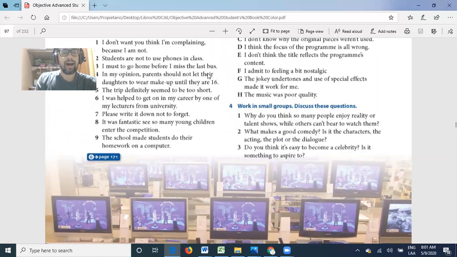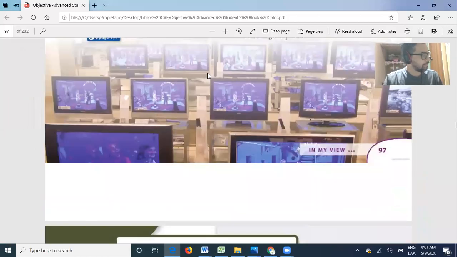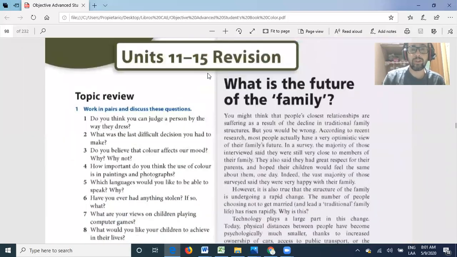It's very important that in this lesson, lesson 15, you can see that on pages 98 to 99 there is a whole unit revision from 11 to 15. Please do it, okay? Because this is all practice for this test. Remember, the dates of this test are in the platform, so you can check them there.